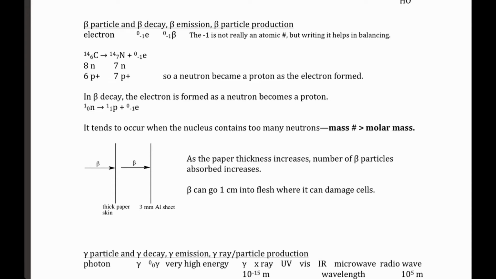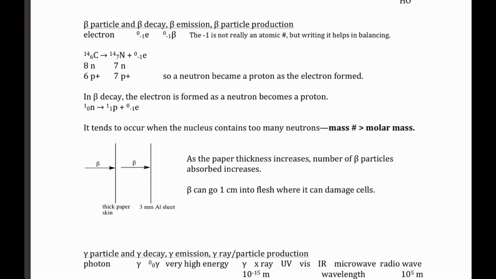The 0, because there's no protons or neutrons, it's only an electron. The -1 having to do with the fact that it has a -1 charge. We can also symbolize it just using the beta symbol with that -1, 0. As I've written, the -1 is not really an atomic number, but it turns out writing it helps in balancing.